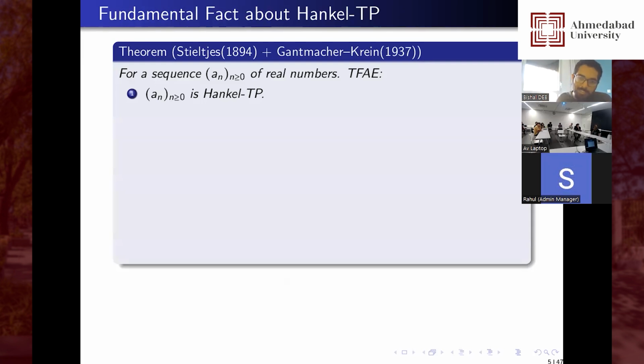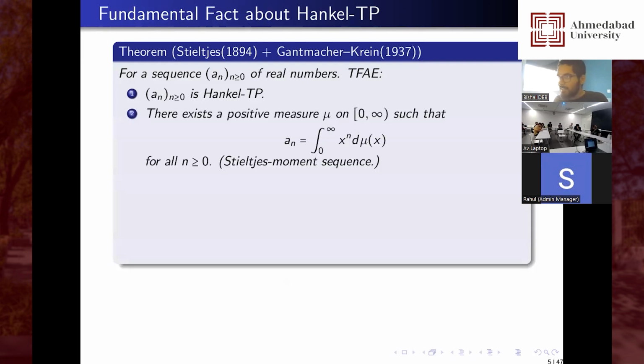The first statement is that the sequence is Hankel totally positive, by which I mean you take the Hankel matrix of this sequence and that is totally positive. This is equivalent to the following: there exists a measure mu on the positive real axis, 0 to infinity, such that the sequence a_n can be obtained by integrating from 0 to infinity x to the power n d mu of x.